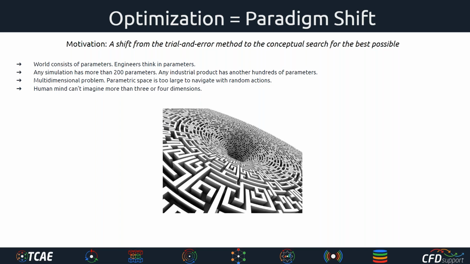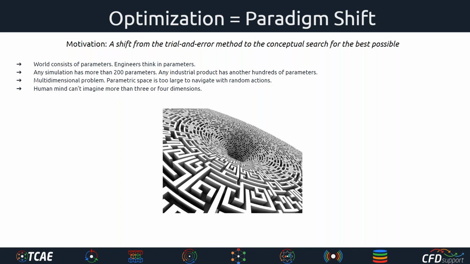When it was not good enough, we started the process again from scratch, but we did everything manually. But we believe that now optimization is a process. In fact, it's a conceptual search for the best possible, right? So it's truly a paradigm shift. It's a new level of using numerical simulations.